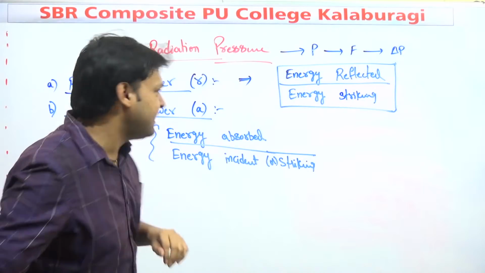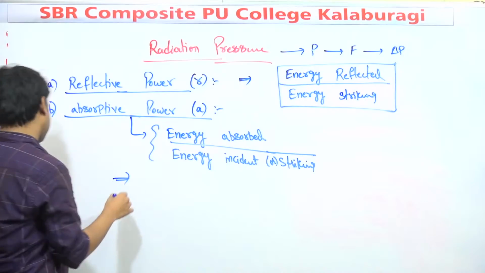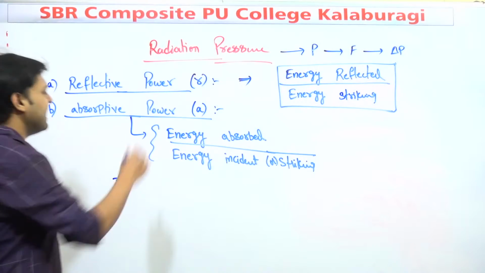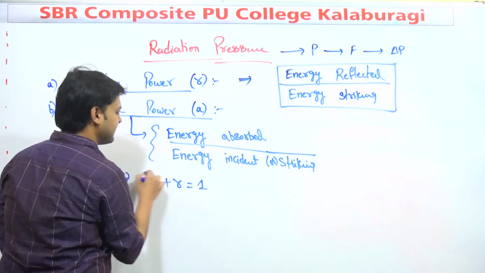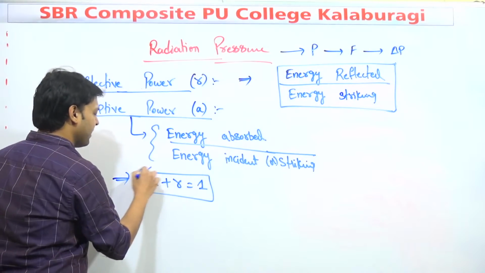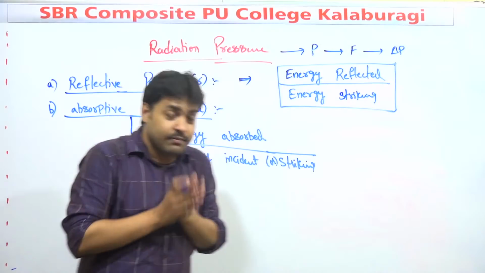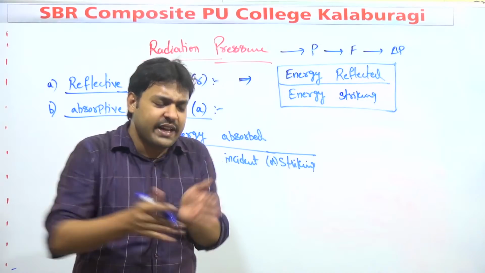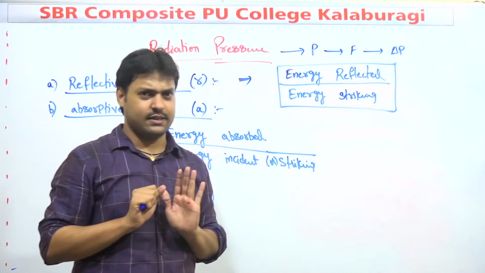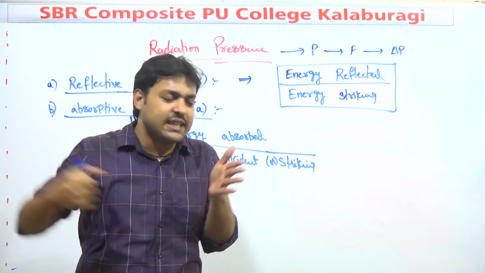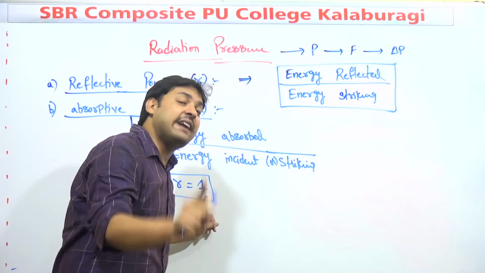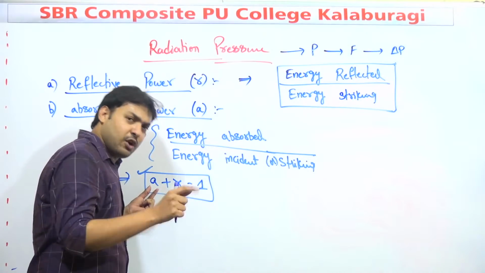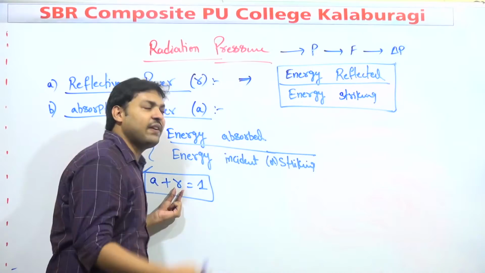Now, what you have to understand is the sum of absorptive and reflective power always equals 1. What do you mean by this? Try to understand, how much energy is striking the surface? That can be divided into either absorptive power or reflective power.